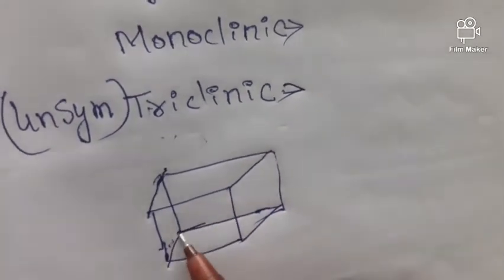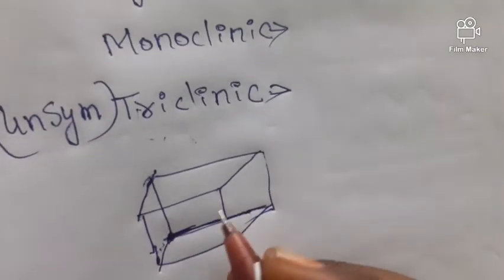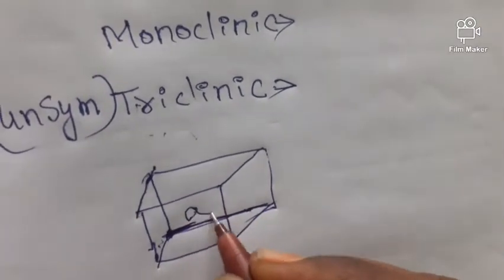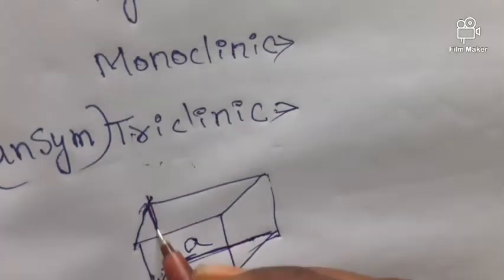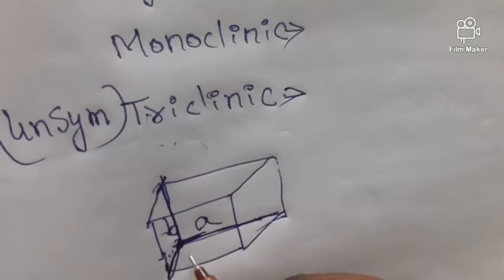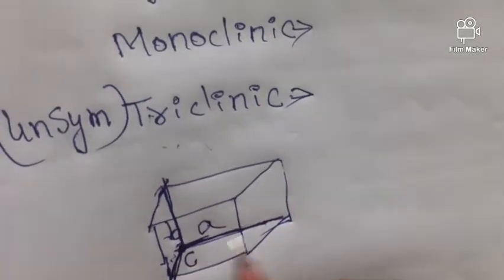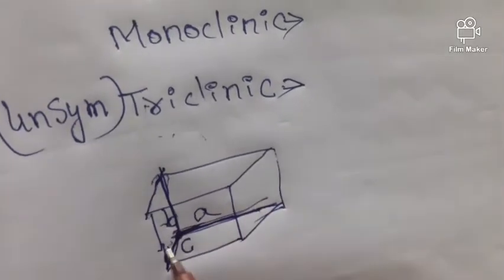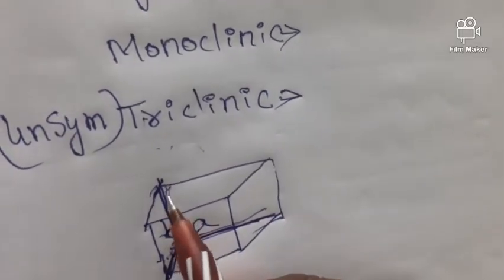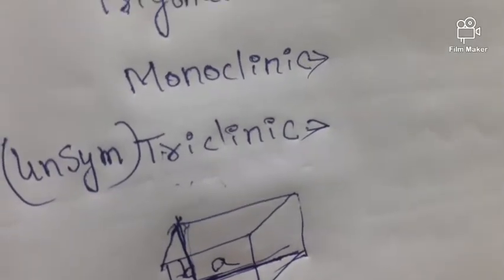Here from this point to this it is considered as A, this is considered as B, and this is considered as C. So this is called axial distance. Now I am writing the axial distance for all the crystal systems.